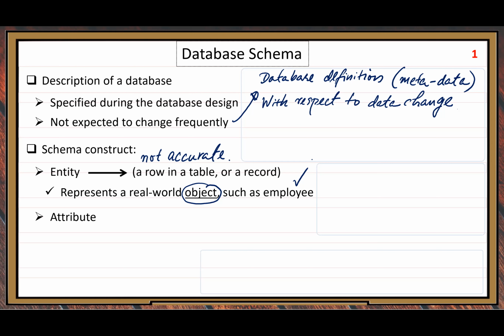Here, this attribute is still a construct inside a table: an attribute, a column in a table, or a field. When we talk about a table, visually, columns, rows, or a field, they refer to the same thing.